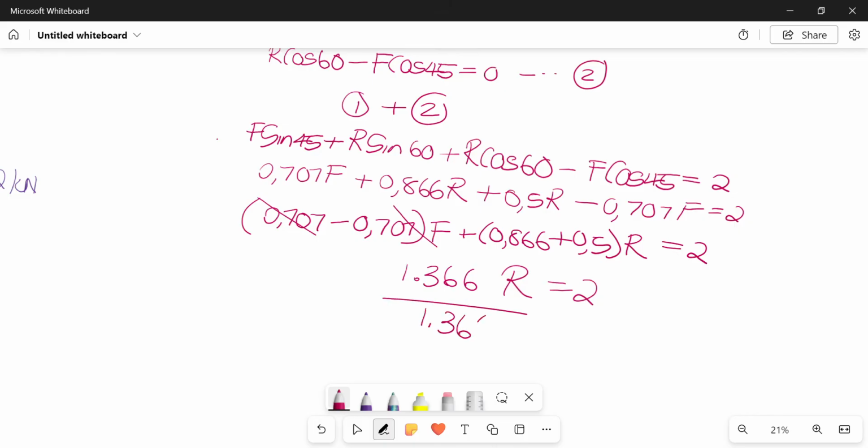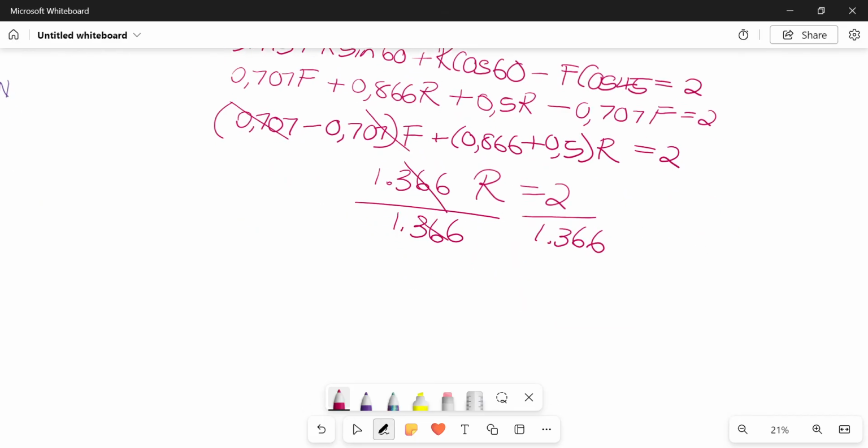Divide by 1.366 on both sides. Then I get R as 1.464 kilonewtons, and since it's positive, it says whatever direction we assumed is correct. We assumed that it's pulling, so it's still pulling.